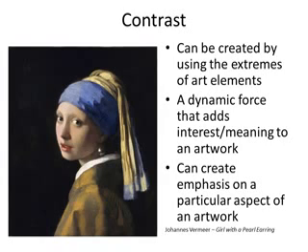So it is a dynamic force, and it adds interest and meaning to an artwork and can create emphasis on particular aspects of an artwork. So Vermeer's Girl with the Pearl Earring, that very plain, dark background, contrasted against the very light-filled face. It intensifies our focus on her face and her beauty and her purity.